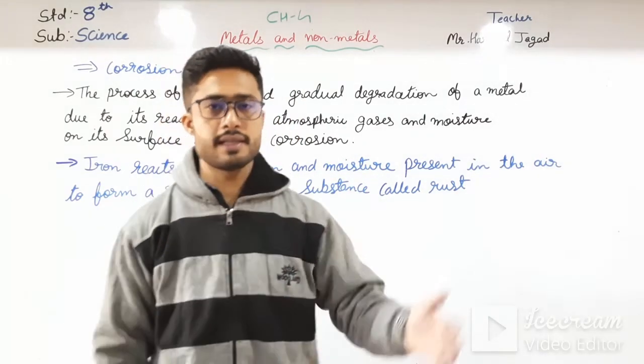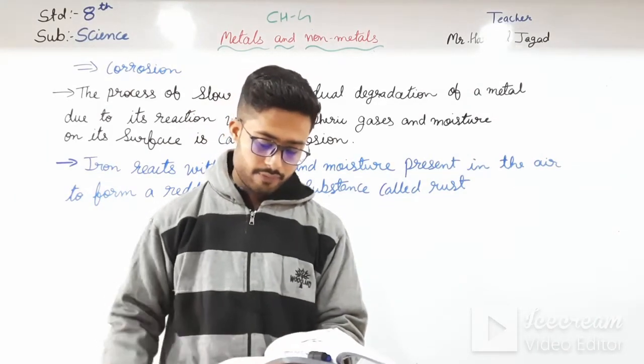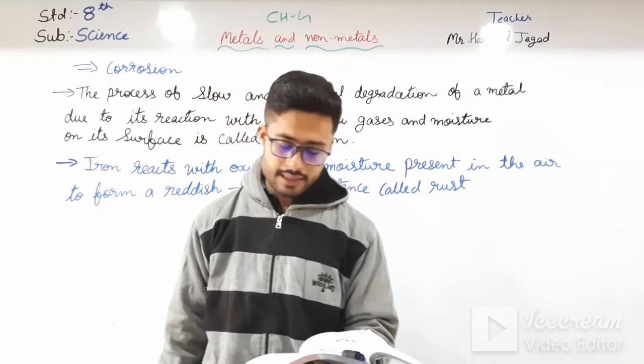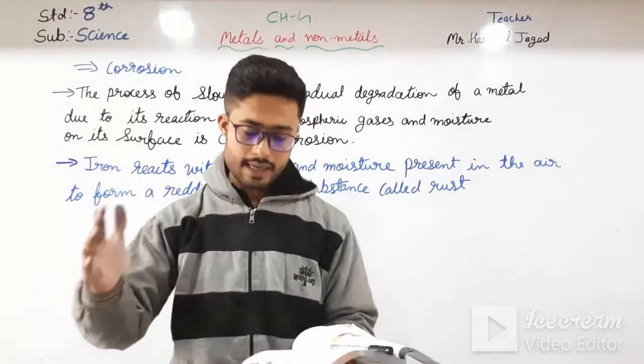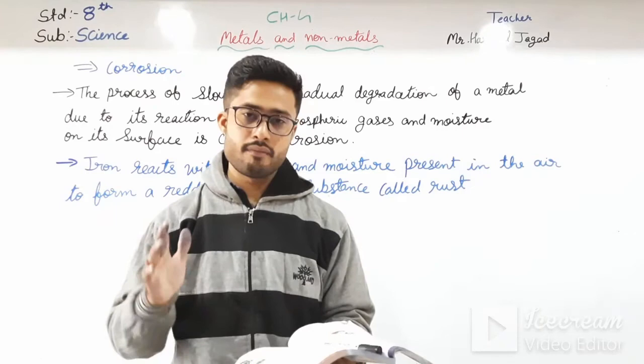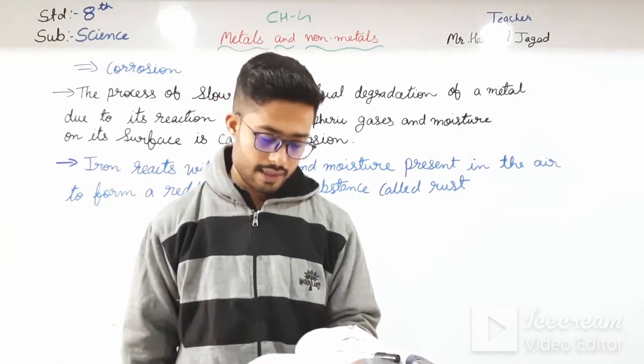They oxidize. Okay, see here, I am reading it again. Copper forms a thin green layer on its surface with time. This is due to the reaction of copper with carbon dioxide and moisture present in the air. This green layer is called copper carbonate.